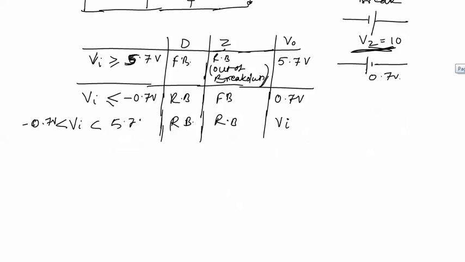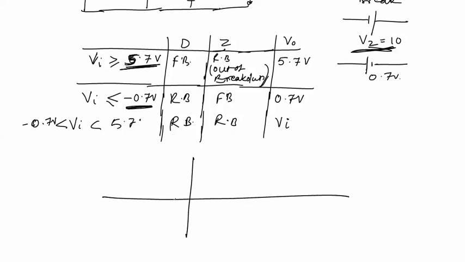Now the transfer characteristics: there are two break voltages, 5.7 volt and minus 0.7 volt. For Vi greater than or equal to 5.7 volt, output is equal to 5.7 volt.